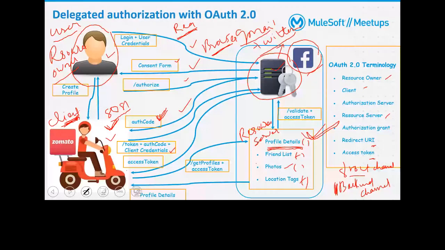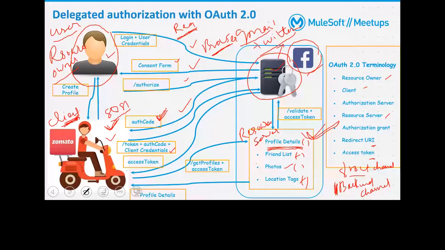Then once those credentials reach the server, they will get verified. Again, a consent form will come to the browser. It will show that, okay, the Zomato app is trying to access your profile details, your contact details. That is also happening over the browser. Now the browser will send this once you hit that, right? Click the checkbox. You want to give access to the profile details, friend list, and you say approve. The moment you hit approve, this authorize API will get called.